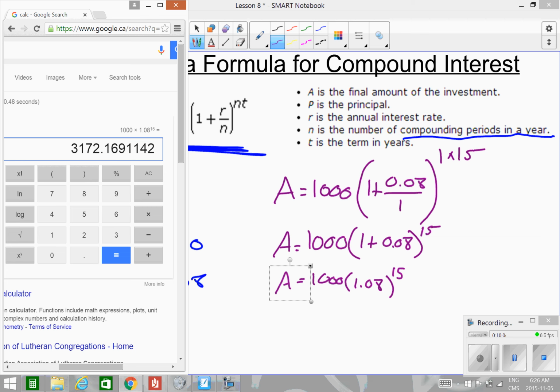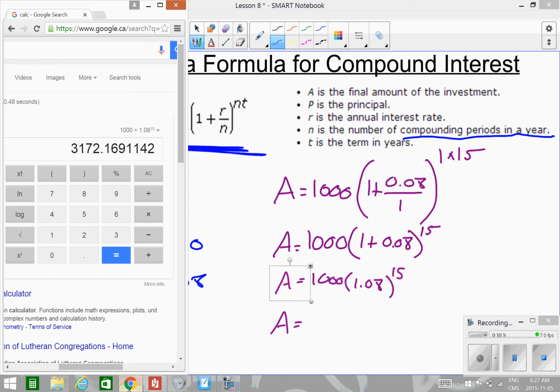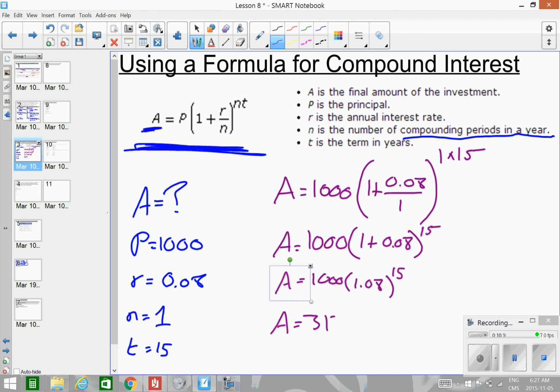That's a nice looking number. So our total amount is 3,172 and 17 cents. Now that was way easier than doing it year by year by year. Cool. And I'll do another example in the next video.